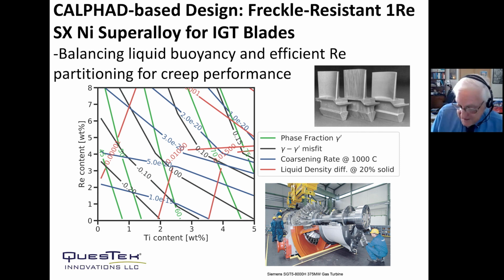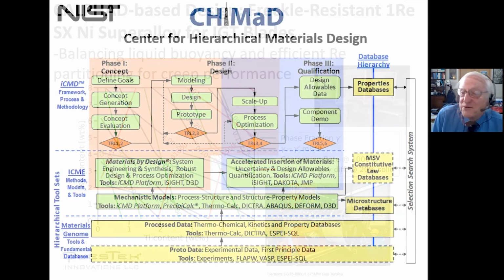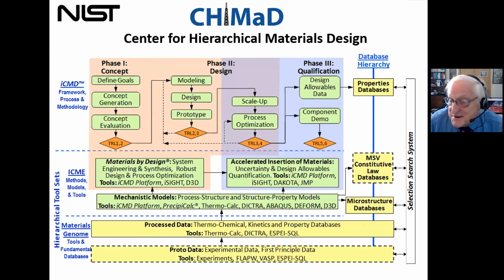What I wanted to say going forward, under MGI 1.0, our CHiMaD Center has built out a well-established full methodology from design to qualification, but also built out an infrastructure of the database hierarchy shown in yellow here, which means not only the fully assessed CalPhAD data, but a repository for pre-CalPhAD raw data.